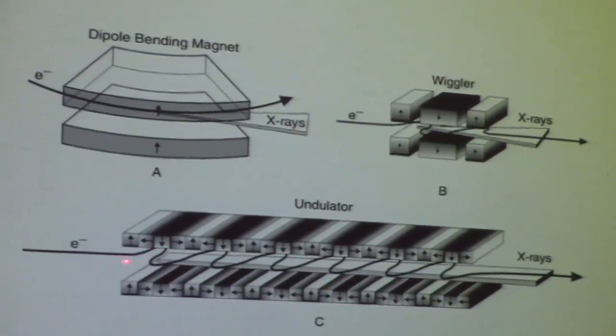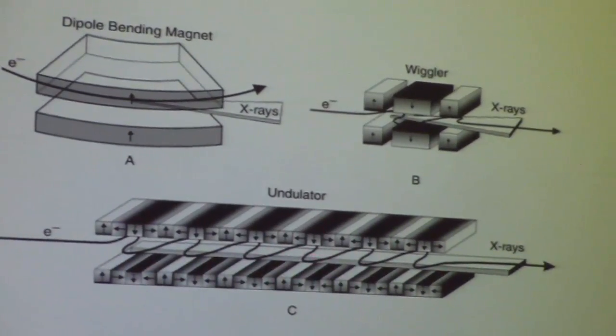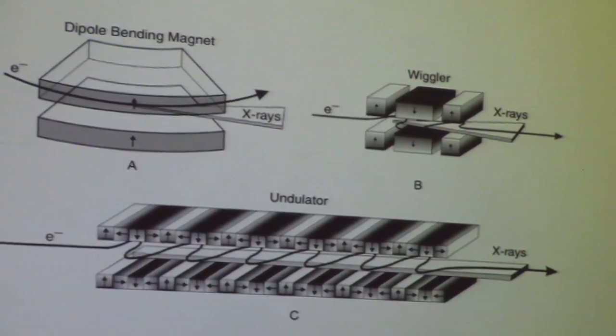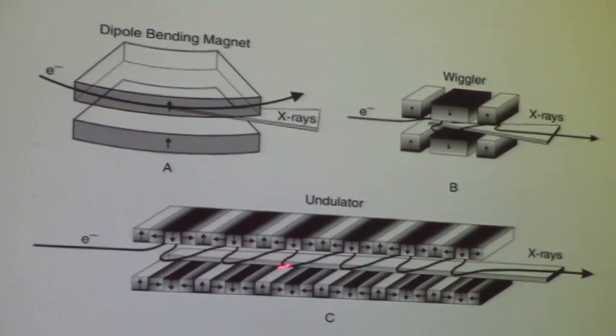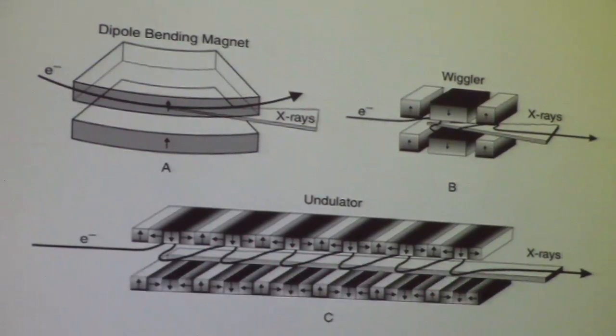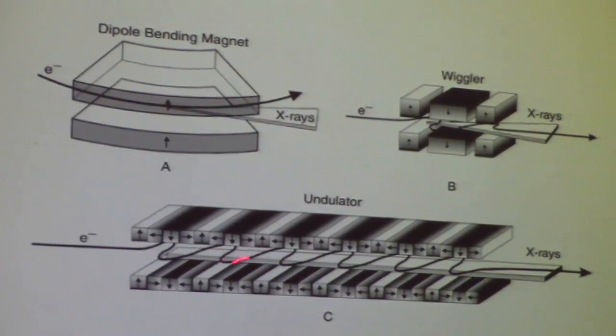So you know how much time it takes to get from one of these undulations to the next undulation. And you know that it's going to emit radiation at each of these places. And actually, if you're very careful in how you design it, you can make it so that the X-ray that's emitted here will be coherent with the X-ray that's emitted here and here and here.